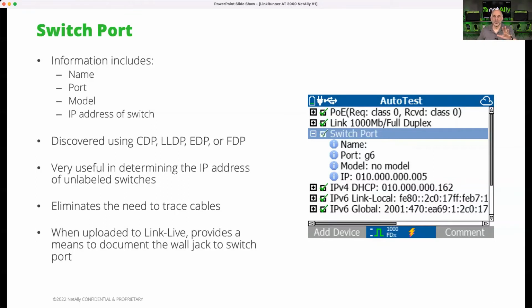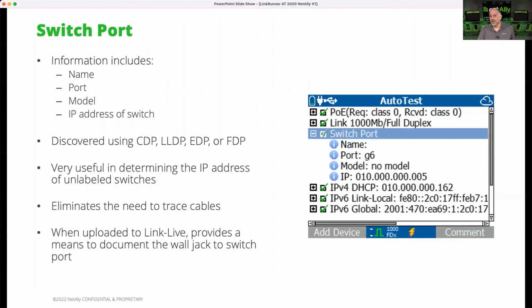Now here's the really cool thing. If we claim our LinkRunner AT to Link Live, when we run this test, you'll notice down there in the bottom right it says comment. We can push F2 right underneath that and add a comment. If I put in the jack number, it's going to tie that jack number to that switch and port.